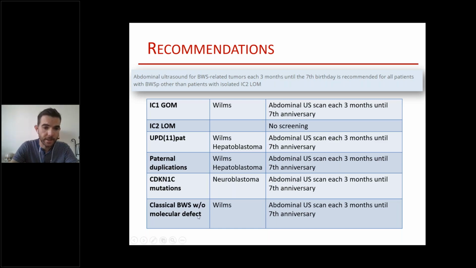I will insist on the fact that patients with a clinical score positive for BWS but without any molecular defect should be screened as the high-risk group.